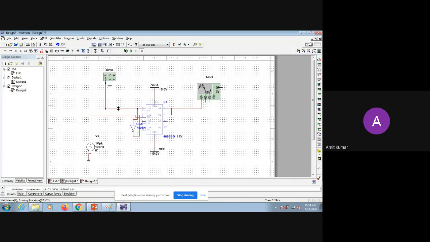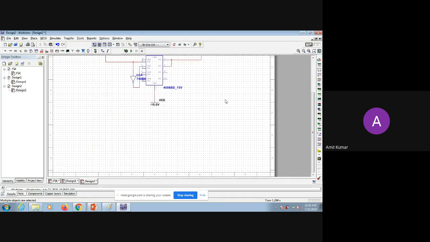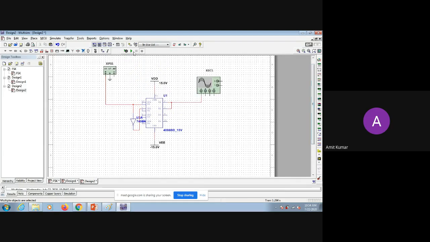Okay, S1 is connected to S1, and this inverter should be connected to S1. So this will be connected to S2. Now this digital signal is connected, so we will see first the waveform of this, whether we are getting the correct waveform or not.